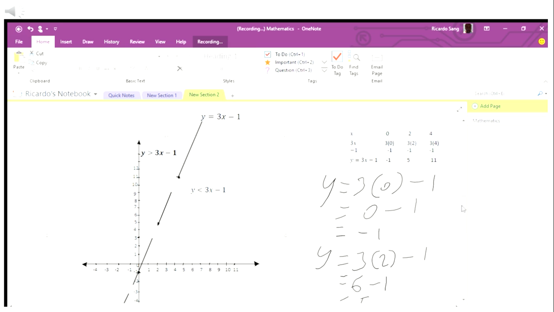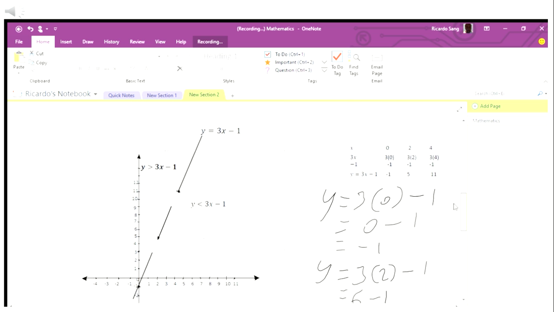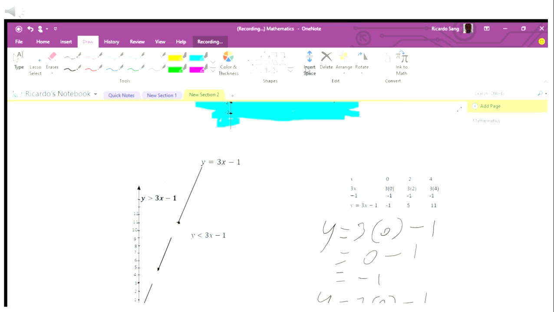Yes, so that is how you would draw the diagram. So we're going to shade the region that we are talking about now. So the region in question is y greater than 3x minus 1, and that would be this region here.